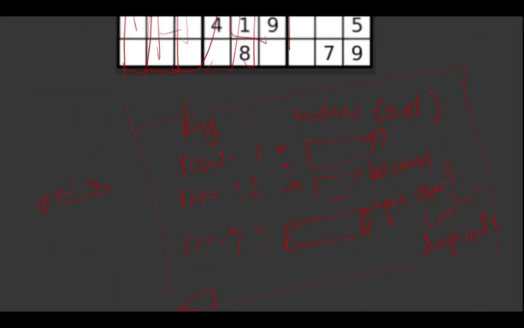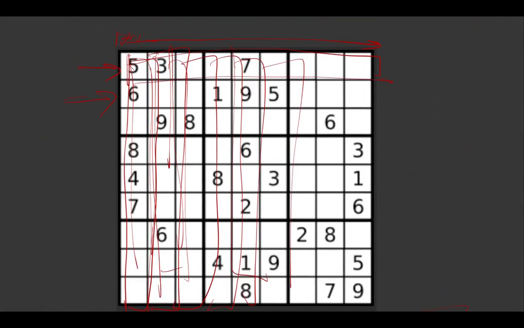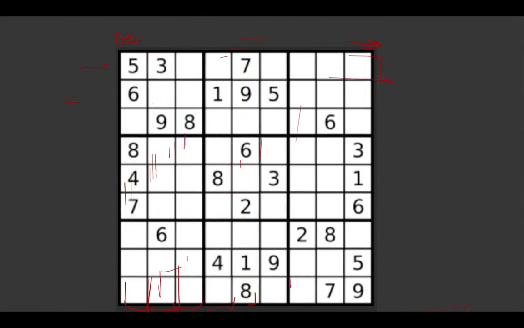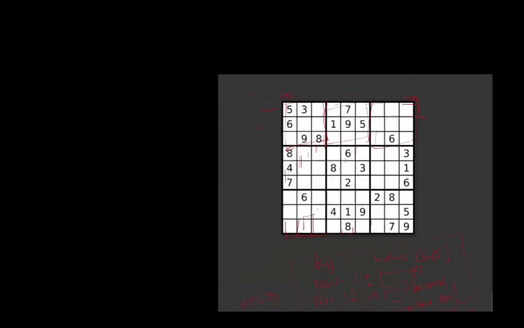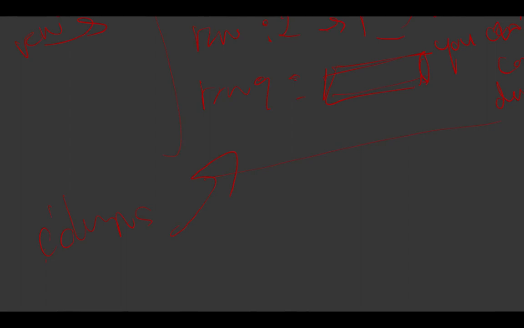And also, don't forget that we also need to create a dictionary for the squares as well. So we're going to do squares. But be mindful that here we can just put the key as row 1, 2, 3 to 9, and the same for columns.